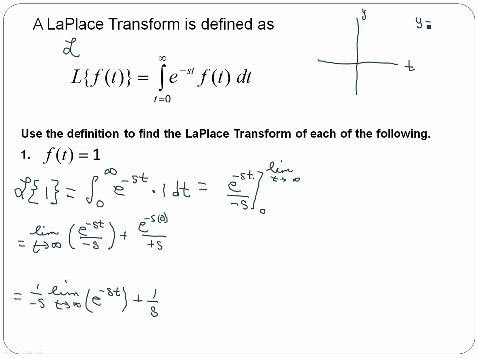And if I look at a graph of y equals e to the kt, where k is some constant, my graph is either going to look like this, or it's going to look like this. And this is 1 right here.